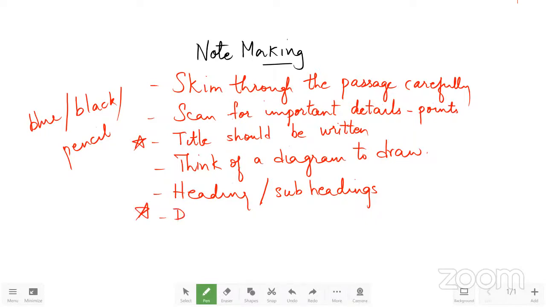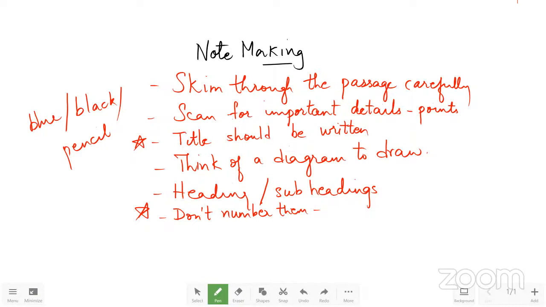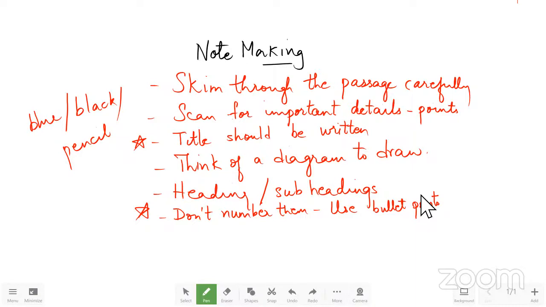Another important thing that you should remember is don't number them. Use bullet points. I hope you know what bullet points are.